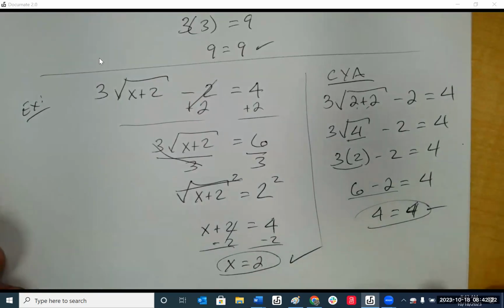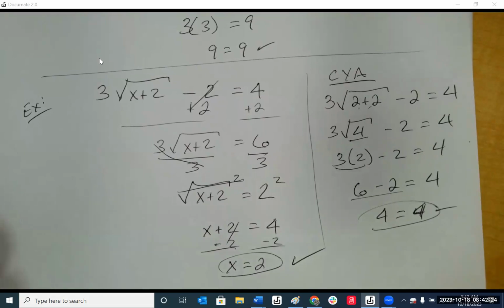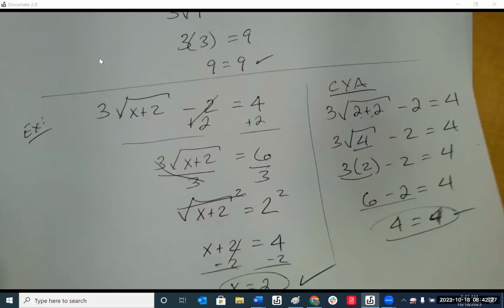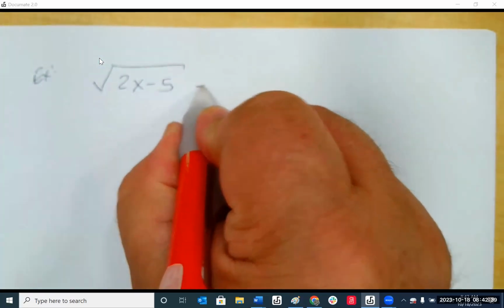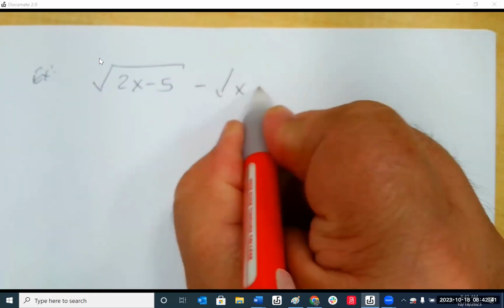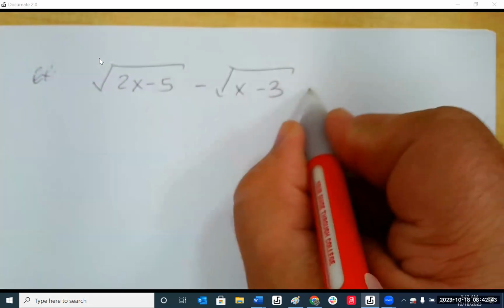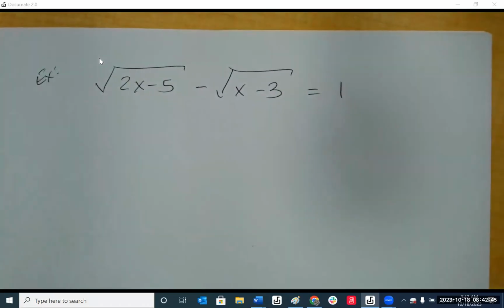It's pretty straightforward, but it gets more difficult. What if we had 2 radicals? Radical 2x minus 5 minus radical x minus 3 equals 1.